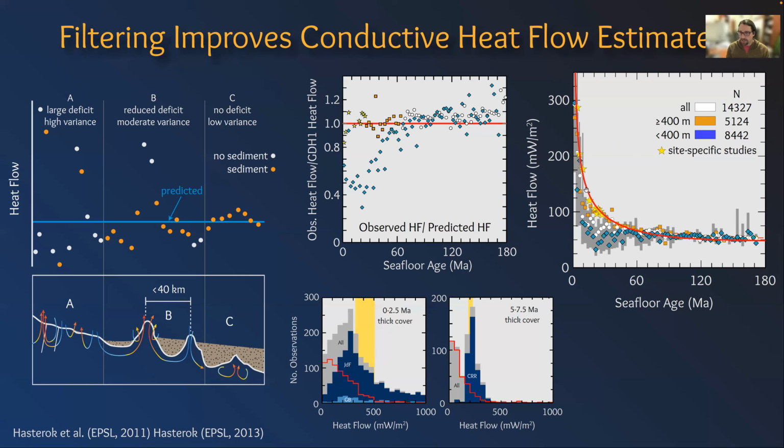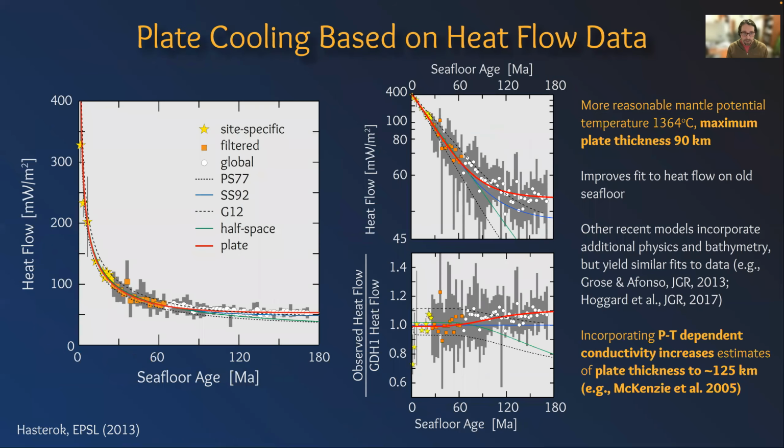If we plot these data then on the model of heat flow versus seafloor age, we can see that the new data, or our filtered data, give a much better, much more reliable estimate of heat flow as a function of age. So that allows us to calibrate our models to these data.